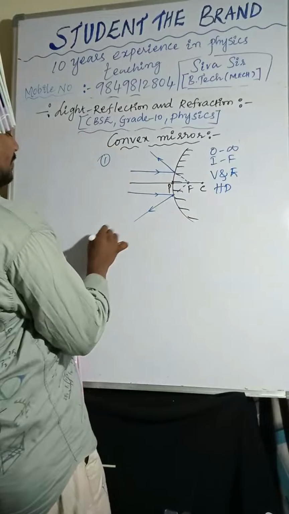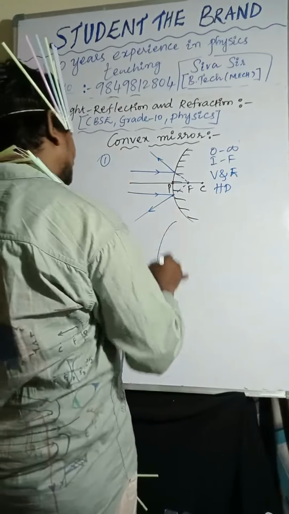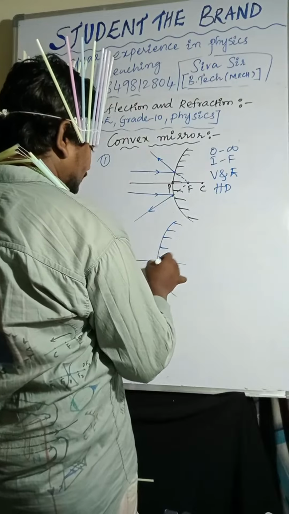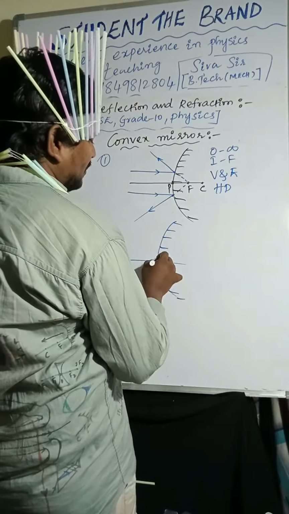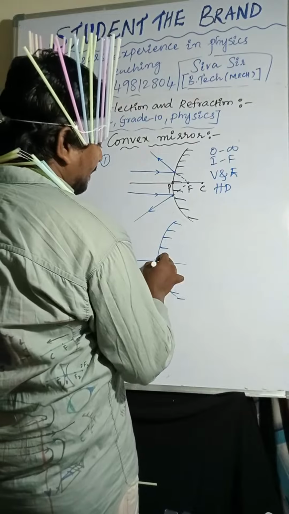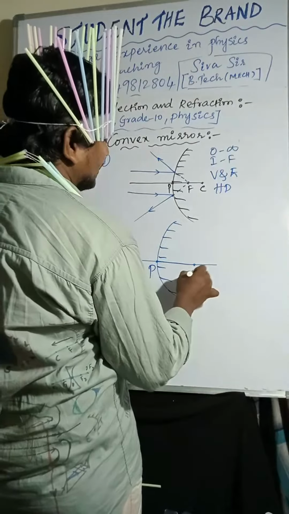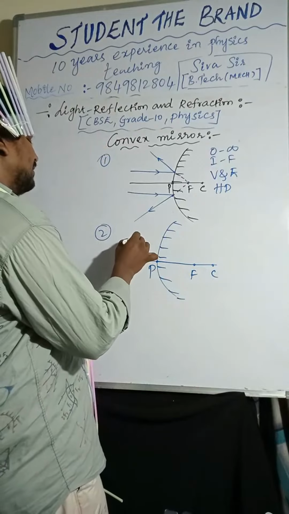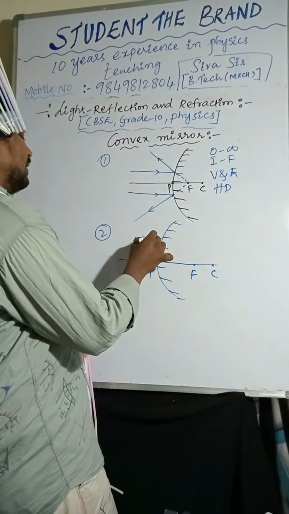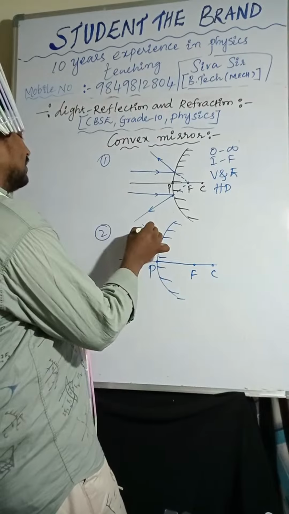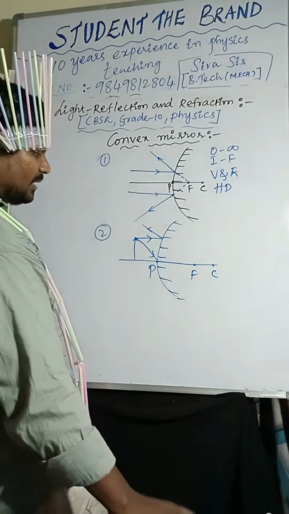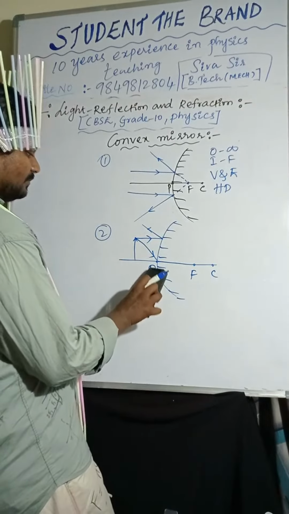Coming to the second one. So pole, focus, center of curvature. Object is placed anywhere between infinity and pole. One light I am taking like this, it will reflect back. Another light incident at the pole, it will reflect back.